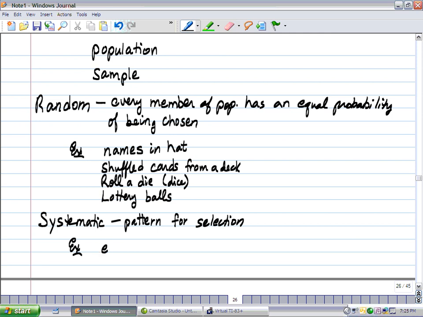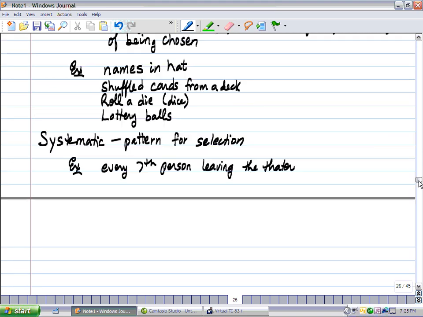So I might choose every 7th person leaving the theater. And that's going to help take care of the clusters of people there, the groups of people hanging together, the friends. So I'm going to be less likely to get the friends because they're more likely to think alike.